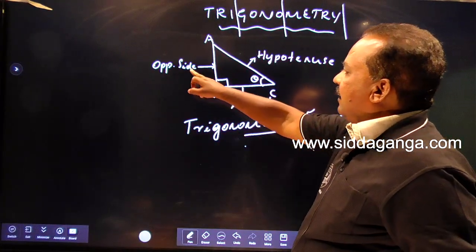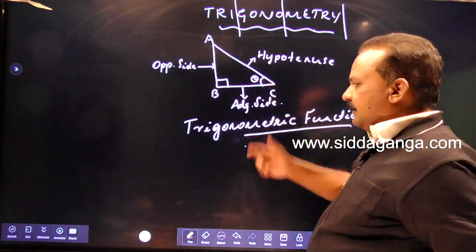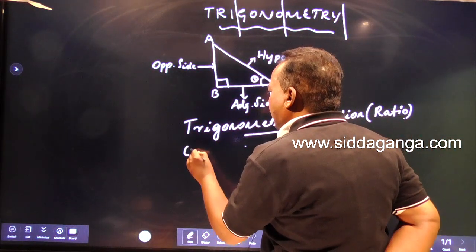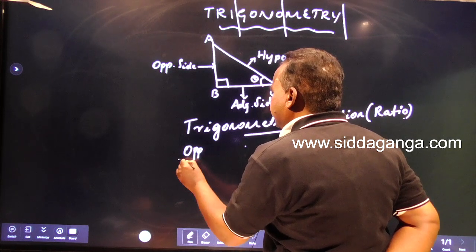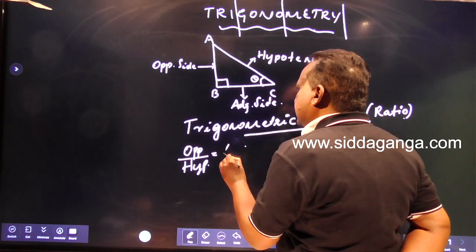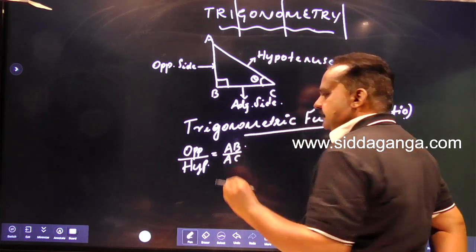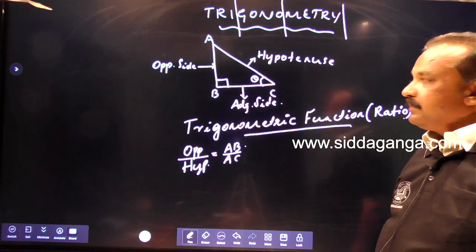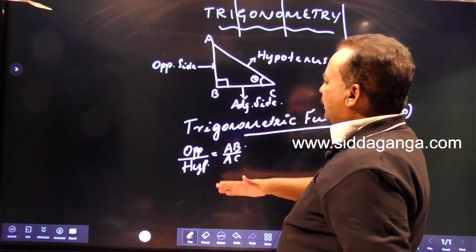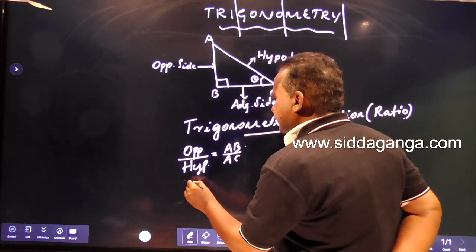Suppose here opposite side is a side, hypotenuse is a side. The ratio between them, opposite by hypotenuse, that is AB by AC. This is one ratio. And then you can define adjacent by hypotenuse. This is another ratio.